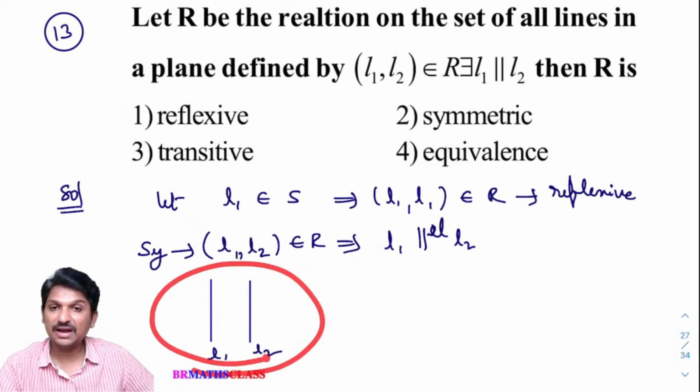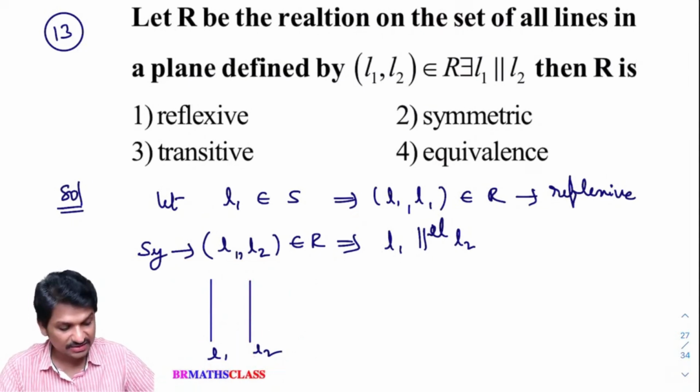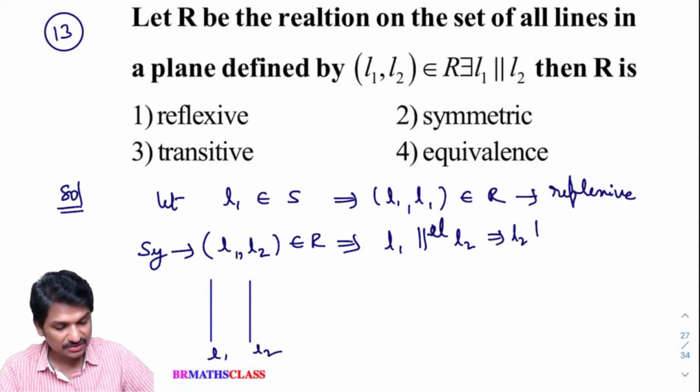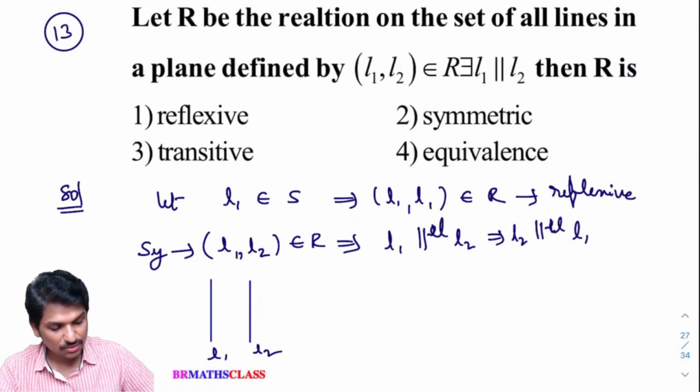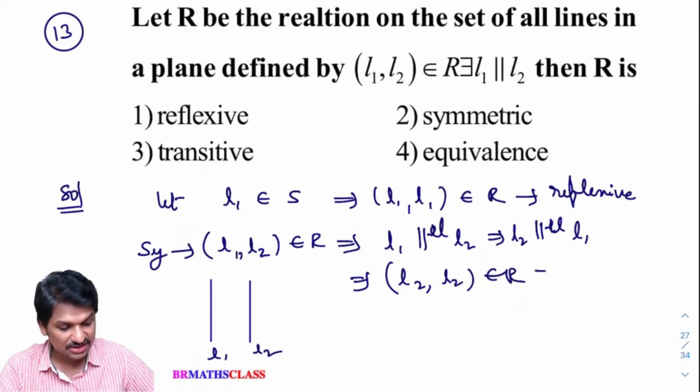If L1 is parallel to L2, can we say that L2 is parallel to L1? Yes, L2 is also parallel to L1. So this implies L2 is parallel to L1. That implies if (L1, L2) belongs to R, (L2, L1) also belongs to the relation. Because of this reason, I can say that this is symmetric. This relation is reflexive. This relation is symmetric also.